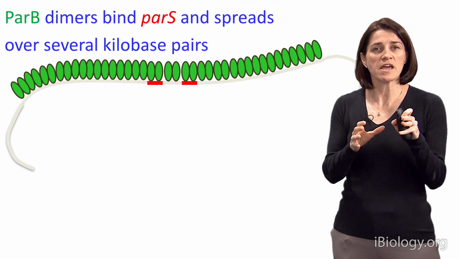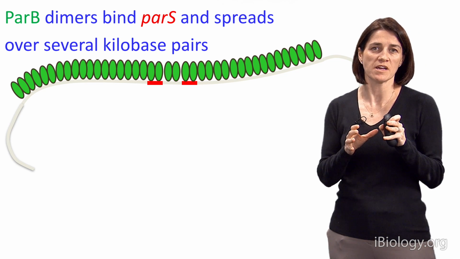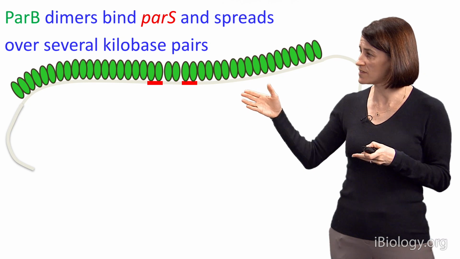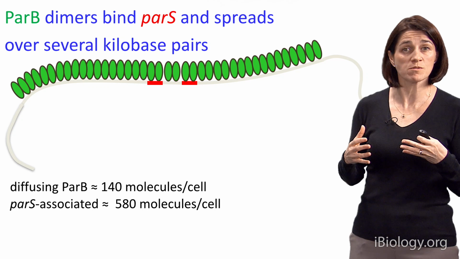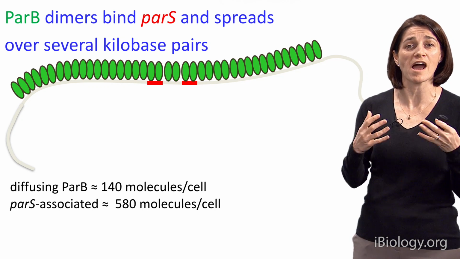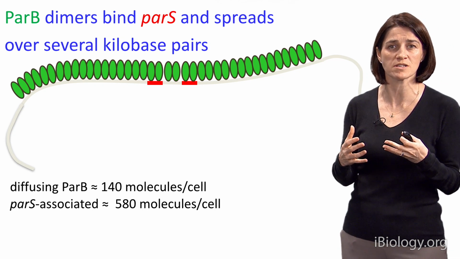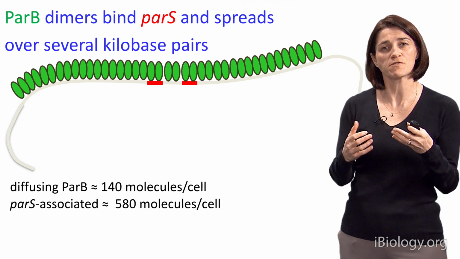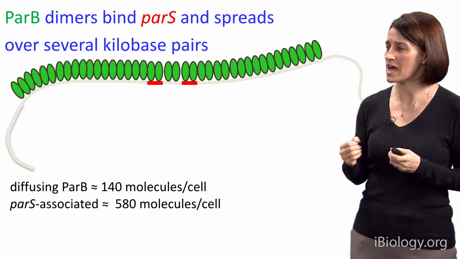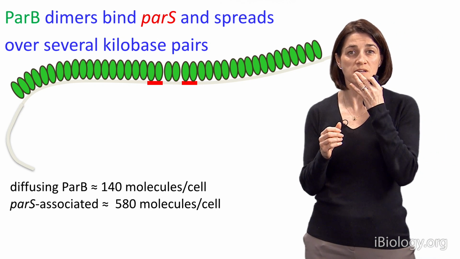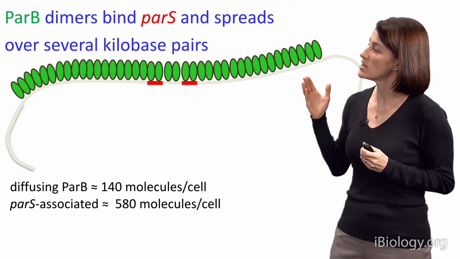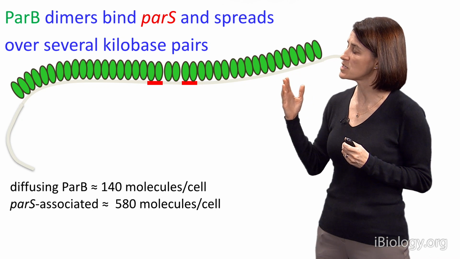And we can estimate the number of ParB proteins that are associated with this DNA sequence. By doing quantitative Western blotting, we know the average number of ParB proteins inside the cells. And by doing quantitative fluorescence microscopy, we could establish that about 80% of the ParB protein inside the cells is associated with the DNA, the ParS sequence.